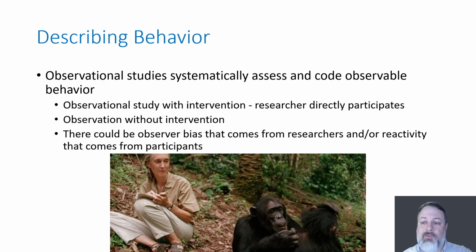And typically we do this by having strong definitions, operational definitions. If we want to say a child is off task, we need to have a very clear definition so that if I'm watching a child and you're watching that same child, we both come to the same conclusion. And often this is how we measure this, that we have more than one person coding the behavior and we check to see whether or not we agree on the behaviors.